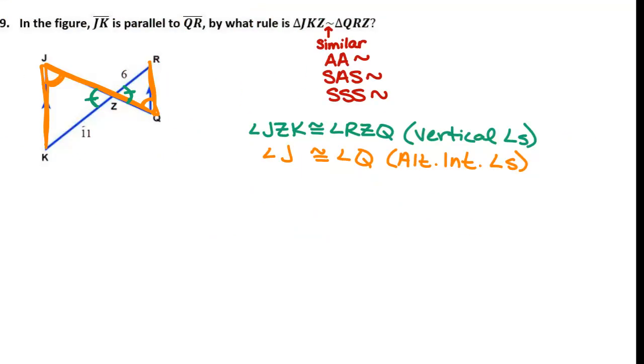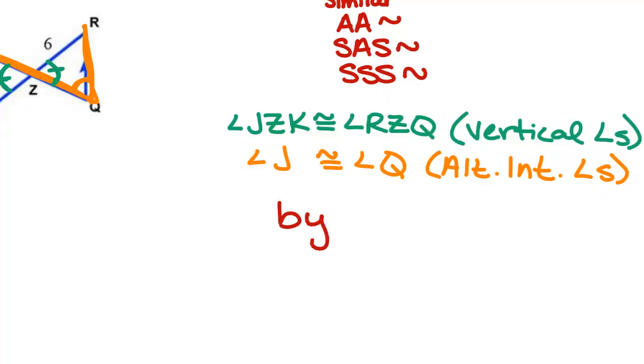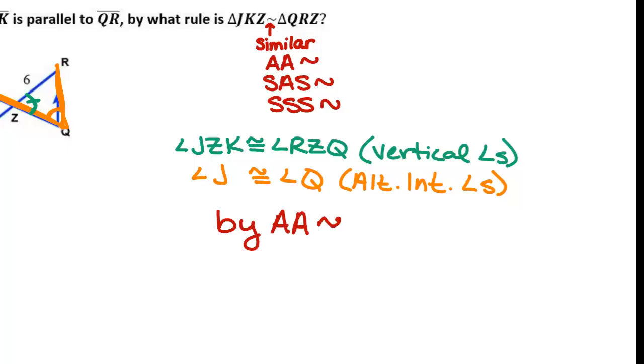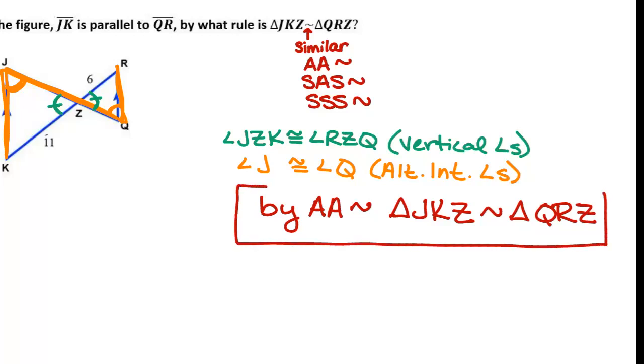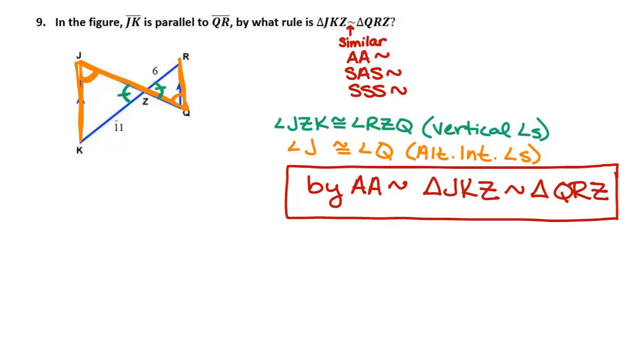So by angle-angle similarity, triangle JKZ is similar to triangle QRZ. Right. What else would you guys like to see?